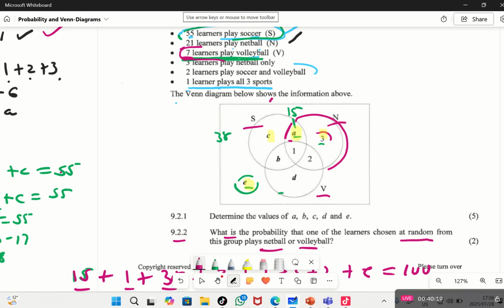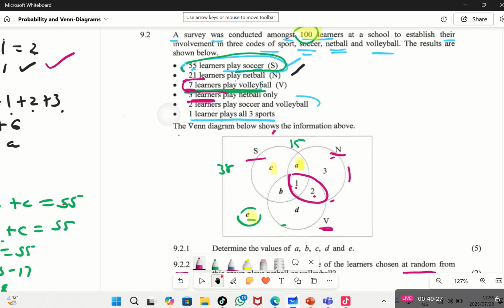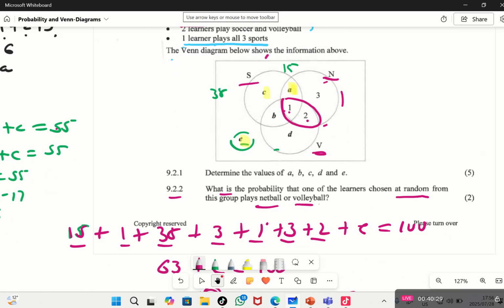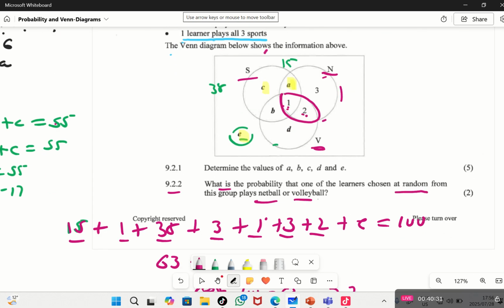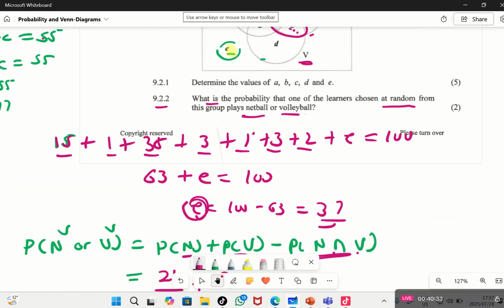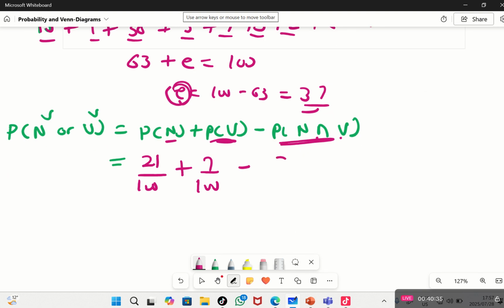So it is this netball and volleyball. It is 1 plus 2, which is 3. Okay, so we've got 3 learners. So 1 plus 2 is 3, over 100. Please calculate this thing for me. Tell me the answer.